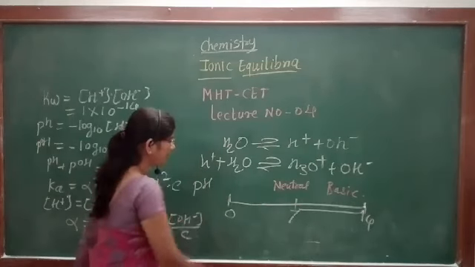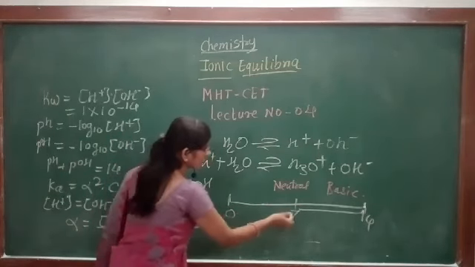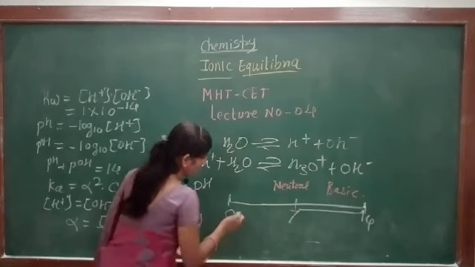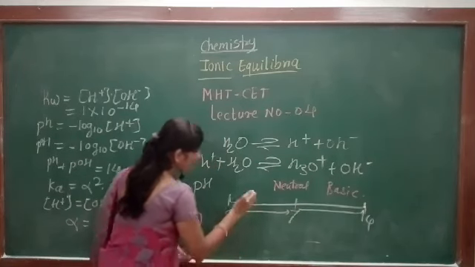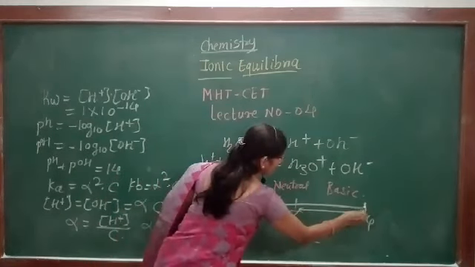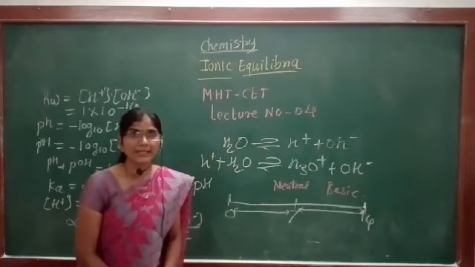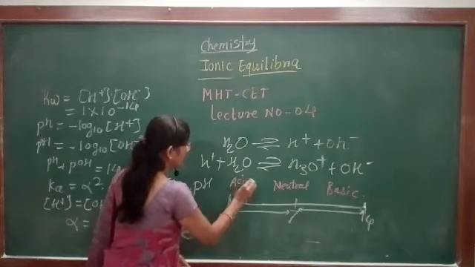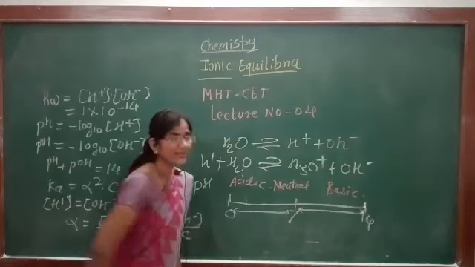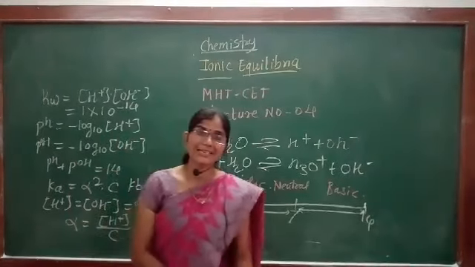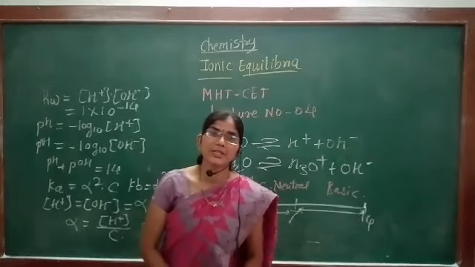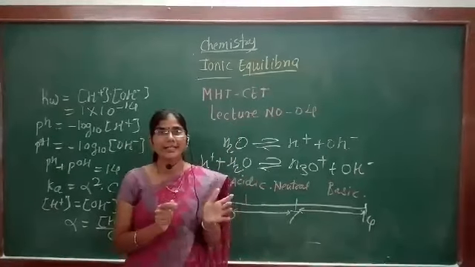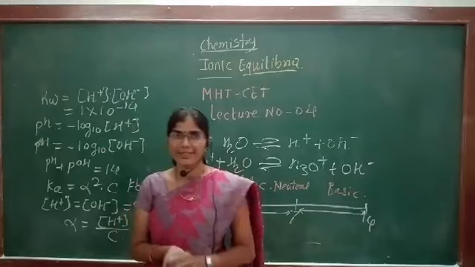And if a solution has pH in the range 0 to 7, then the solution is acidic. Therefore, for an acidic solution, the pH is in the range of 0 to 7.